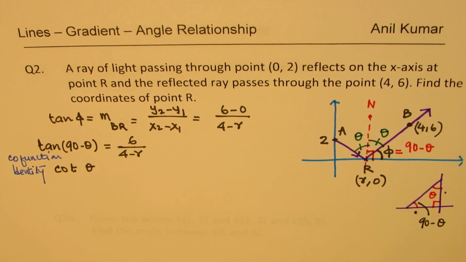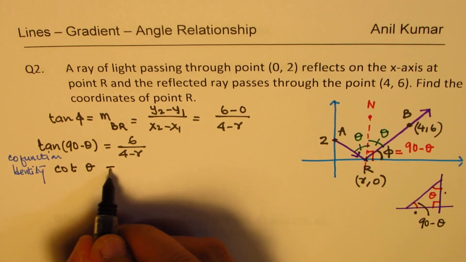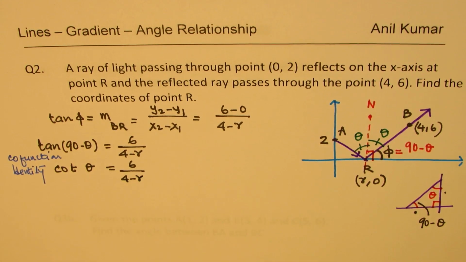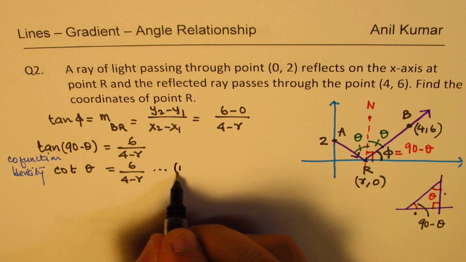Is that clear to you, right? So we get cot of theta is basically equal to 6 over 4 minus r. So let's call this our equation number 1.